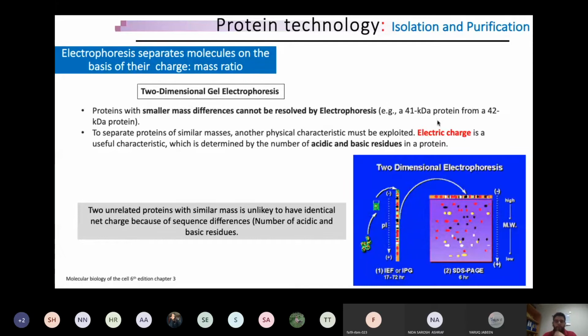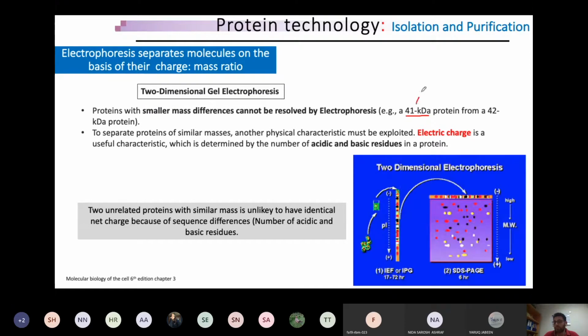We have seen there is a possibility that more than one protein could have this molecular weight. For example, this 41 kilodalton could be of 10-20 proteins within the cell, but theoretically it is not possible that all these proteins which have 41 kilodalton size might have the same sequence.